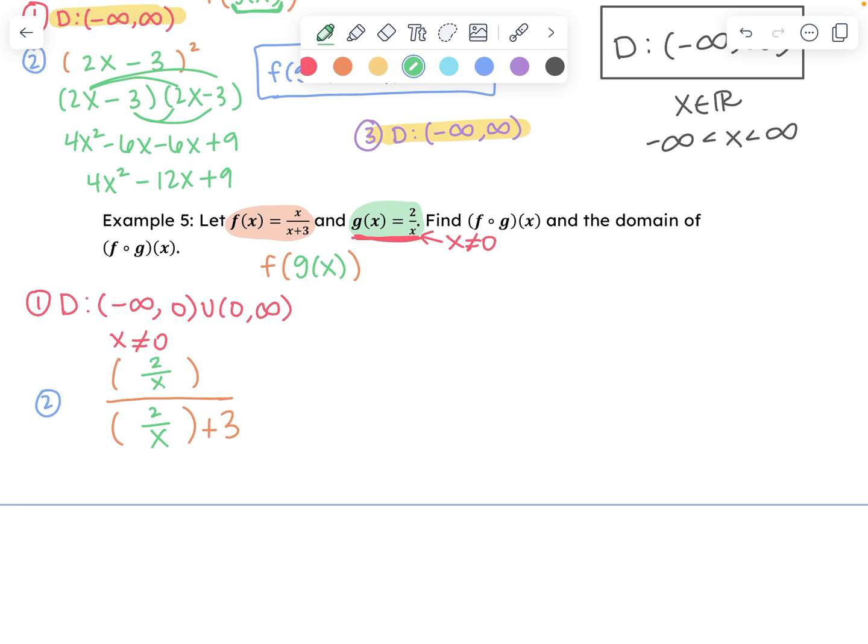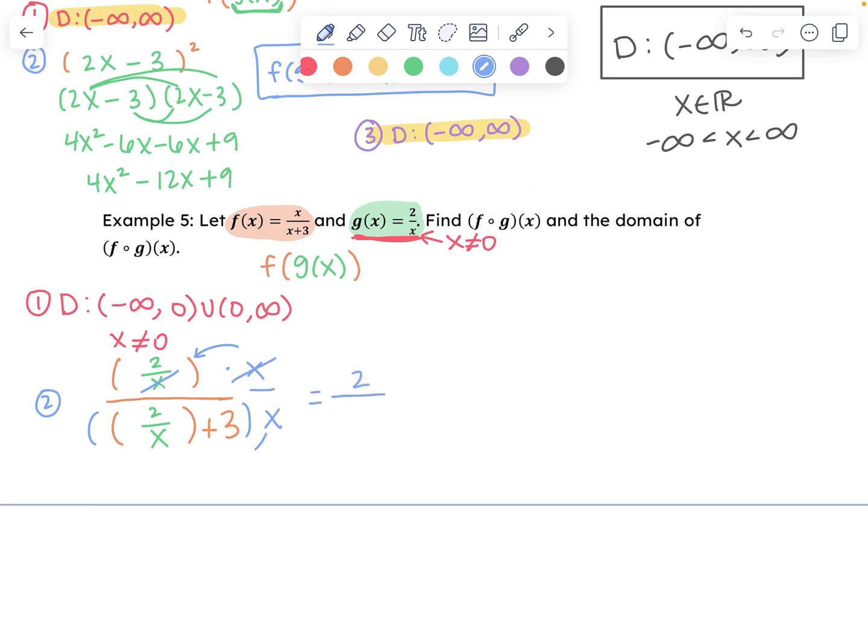And we've got fractions within fractions here, so we got to do some simplifying. So hopefully you remember some of this from Algebra 2, Algebra 1, how to simplify problems that look like this. What I would do is I would take this and I would multiply the entire top by x and the entire bottom by x. So you can multiply by x over x, which is just a variation of 1. When I multiply the top, those cancel and I'm left with 2.